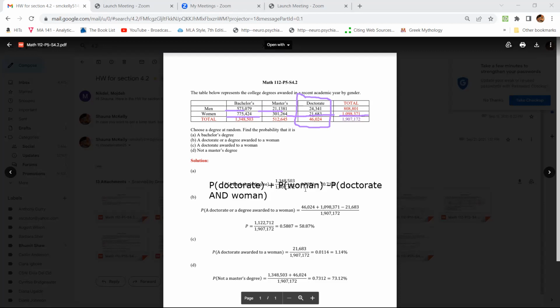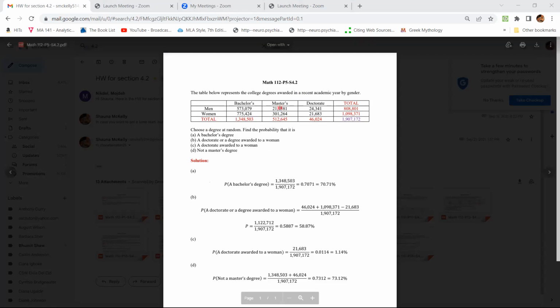How did you have to subtract it? Okay, because you said that there's an overlapping category, right? So when I count the people who have doctorates, I count these people here.